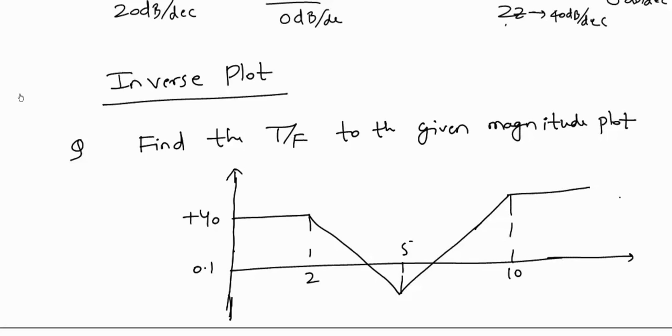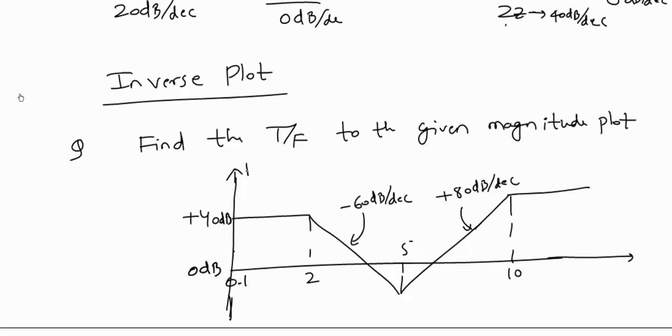Okay, so this is plus 80 dB per decade. This is minus 60 dB per decade. This particular point is 0.1. This is 0 dB, the magnitude in dB.